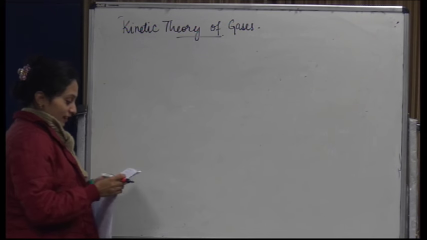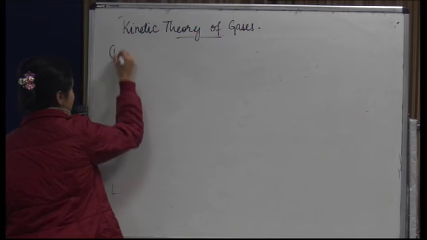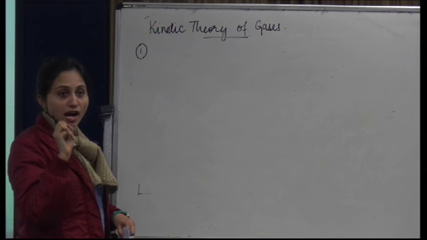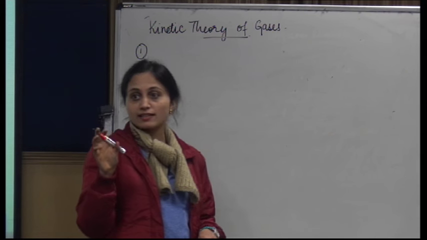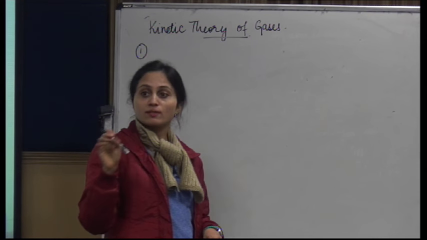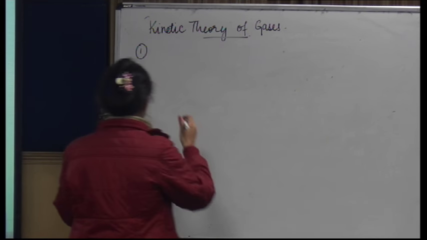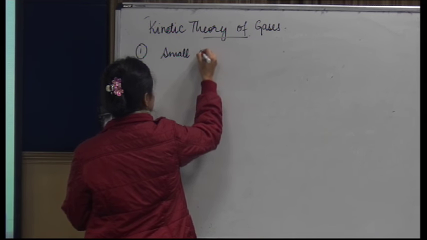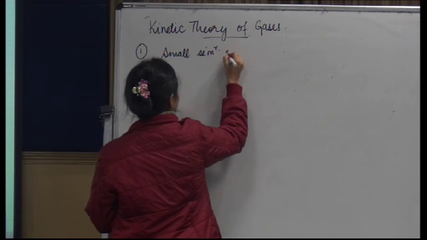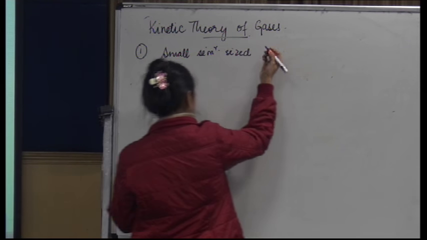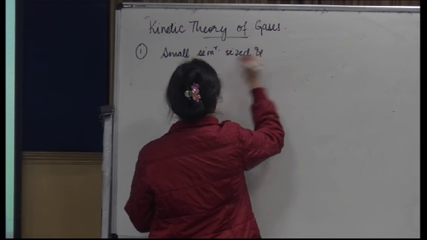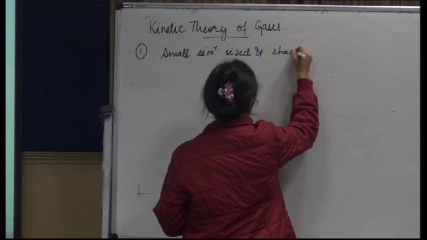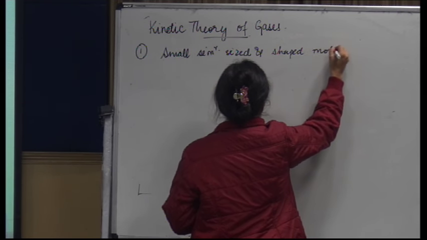So in the kinetic theory of gases, the very first assumption is that the gas comprises small particles which are identical in size and shape, which are known as molecules. So your gas comprises small, similar sized and shaped particles known as molecules.